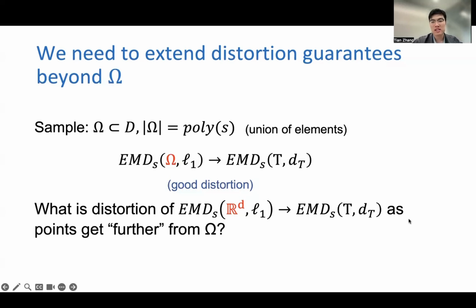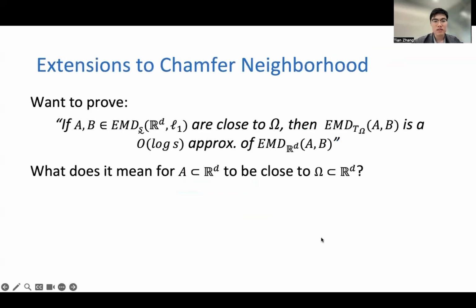We can imagine that as those points get further and further away from the subsample, we're gonna use more and more data independent weights. Then our distortion will go from log S to log squared S. So what we really want to say is that if the EMD points are close to the subsample, then our hybrid tree achieves a log S distortion for them.